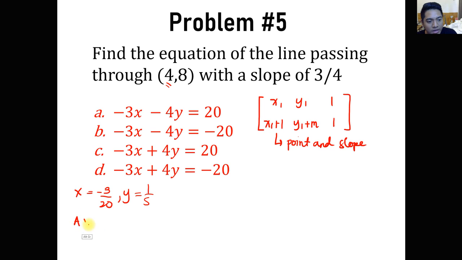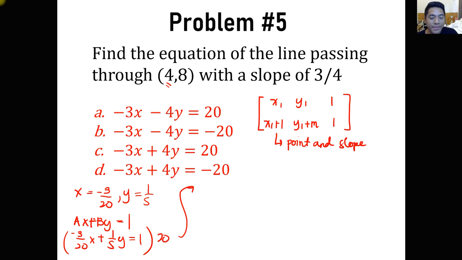So in our equation, ax plus by equals 1, you have negative 3 all over 20 x plus 1/5 of y equals 1. So multiplying this by 20, because the denominators will meet in 20, to cancel the denominators.